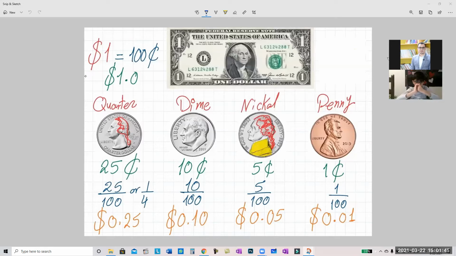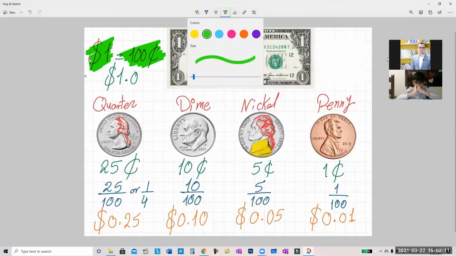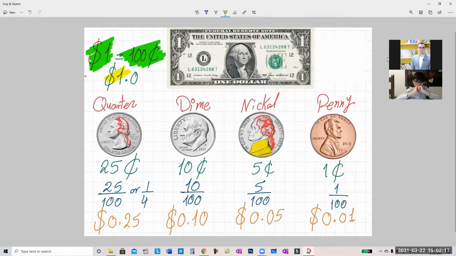Okay, before we start our second part of chapter 9 revision, let me remind you about these coins. As you see here, we have $1 equal 100 cents. And if you want to write it as decimal, we're going to write 1 in the ones place.